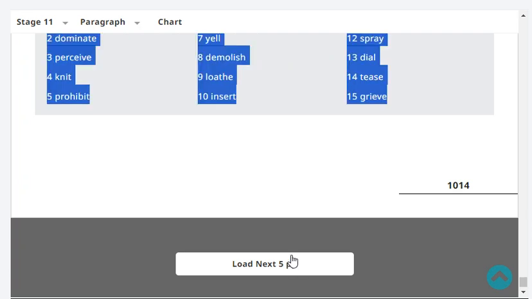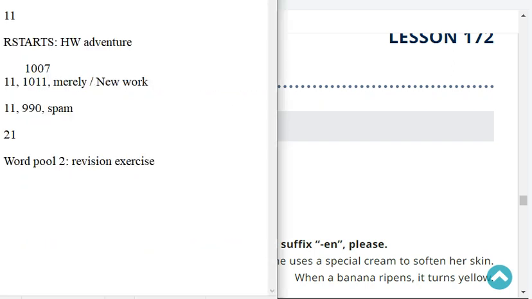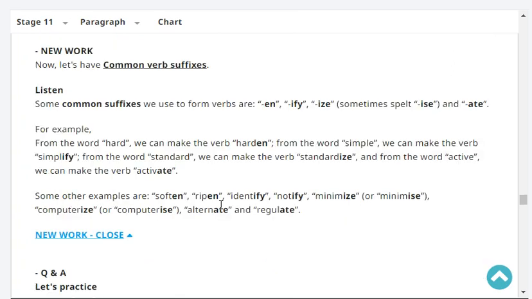Very good. Okay, so now let's continue new work. Let's have common verb suffixes, like things that we add at the end. Some common suffixes we use to form verbs are en, ify, ize or ise, and ate.